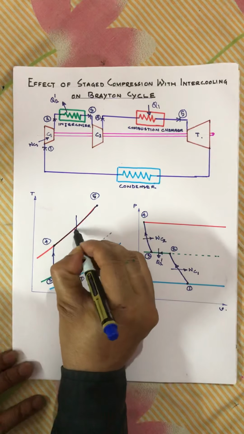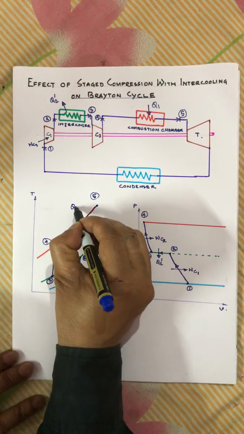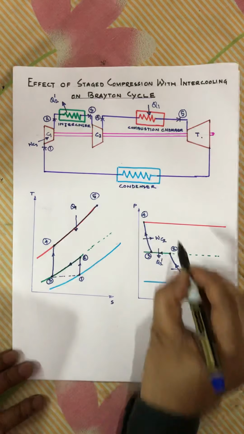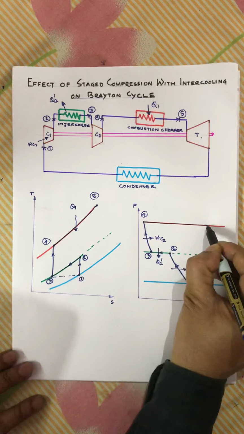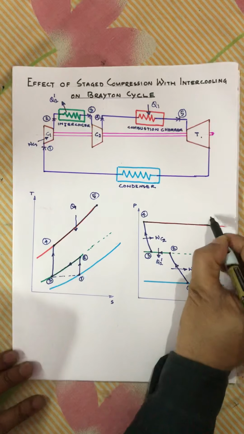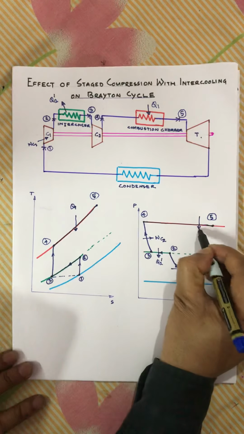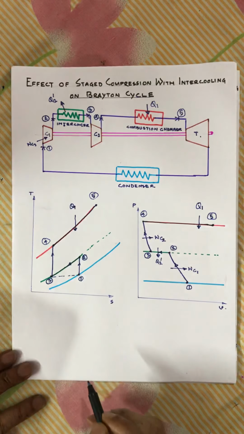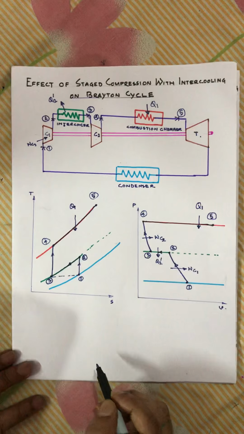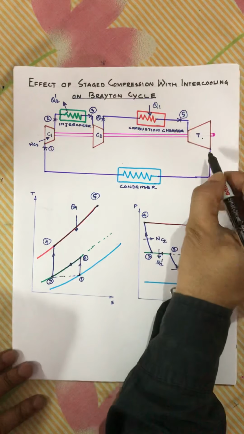Here heat is supplied by how much? Q1. In the PV diagram, suppose this is the 4 to 5 process. Q1 amount of heat will be supplied. And after that, it will pass through the turbine section.